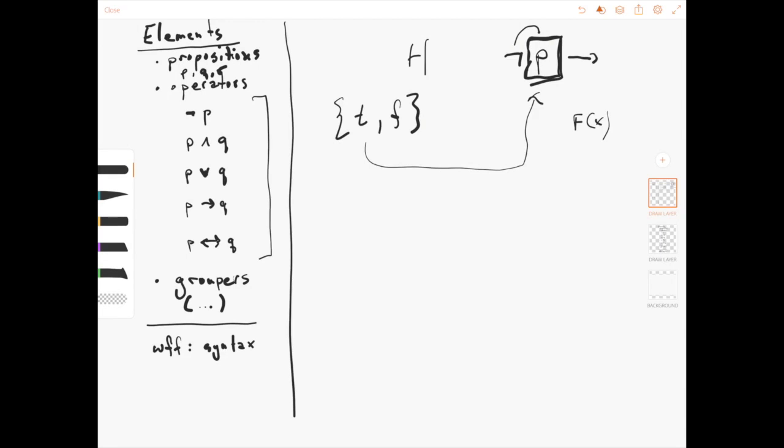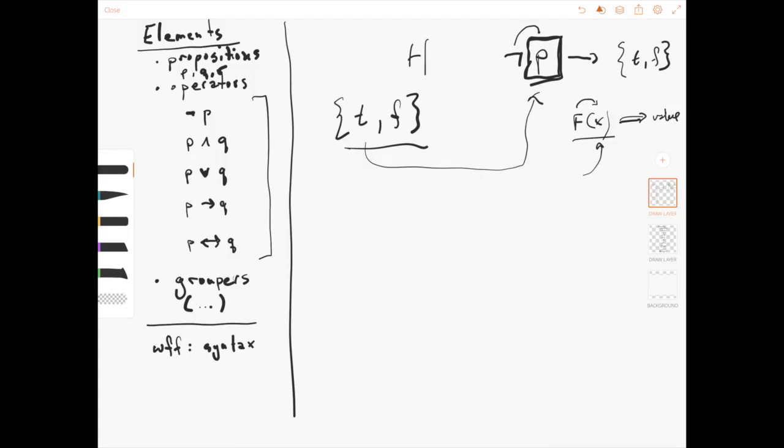f of x is the way we often represent functions. We put a value in for x. The f function does something with that value, and it gives us an output in the form of some other value. In this case, both the input values, in other words the domain, and the output values, that's the range, are the same, namely the two values, true and false.